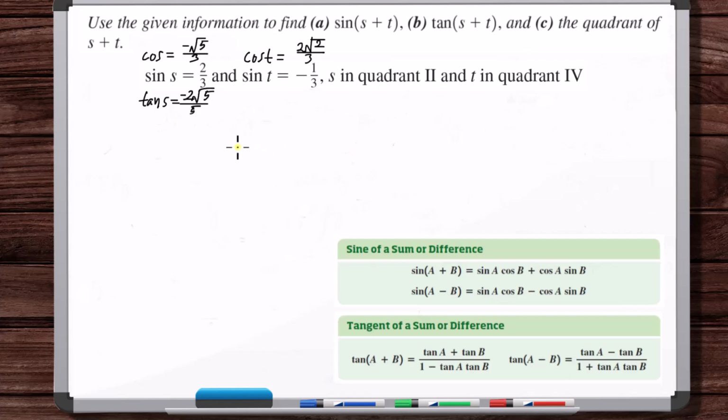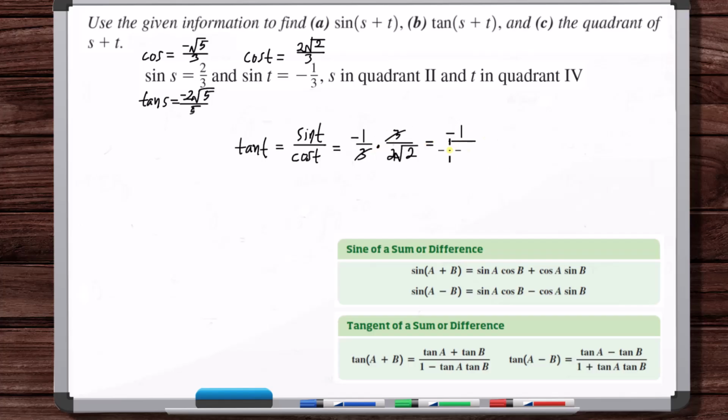Okay, now tangent of t is, using the quotient identity again, sine of t over cosine of t. So sine of t, minus 1/3, times the reciprocal of cosine t, 3 over 2 root 2.